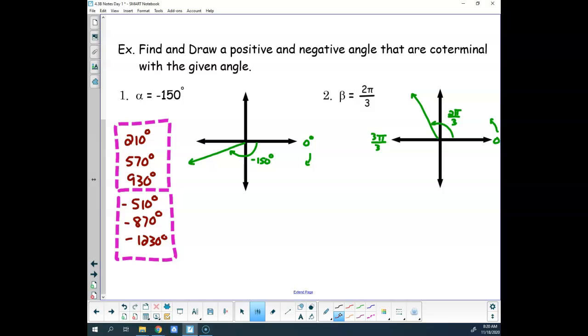Radian form. 4 pi over 3? Positive or negative? Negative 4 pi over 3, I would like. Give me another one. Those of you at home, give me one. Unmute yourself.